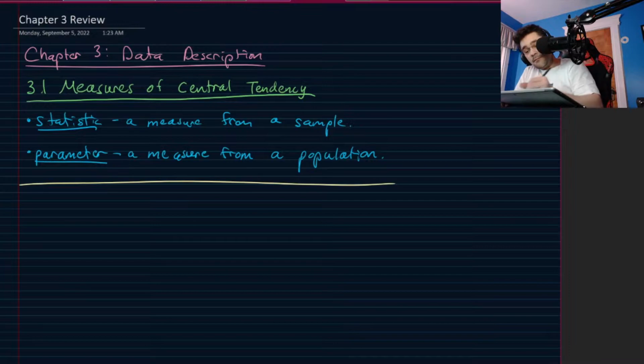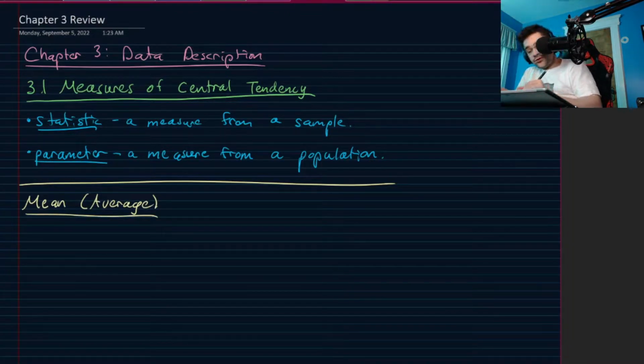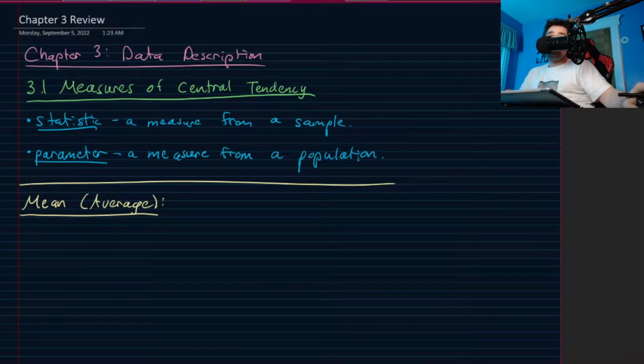So the first measure of central tendency to talk about is the mean. And the mean is just the average. So let's use a little bit of mathy notation here.